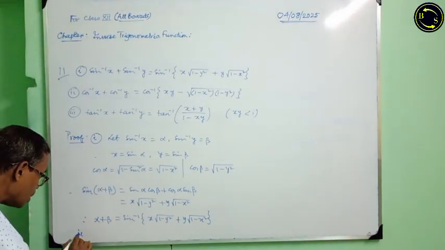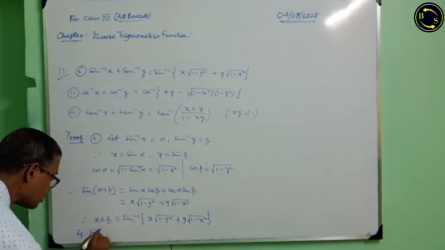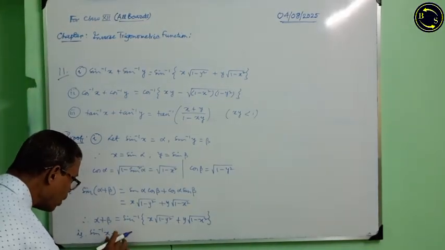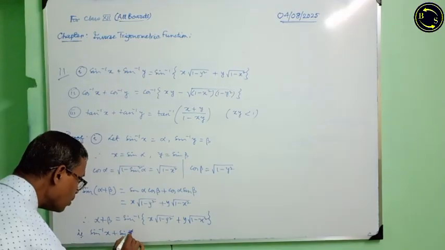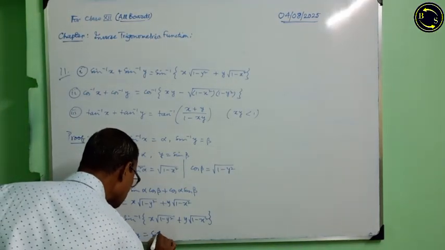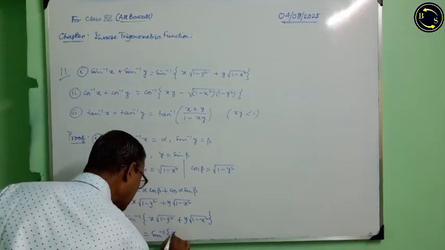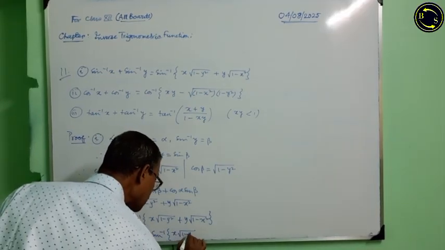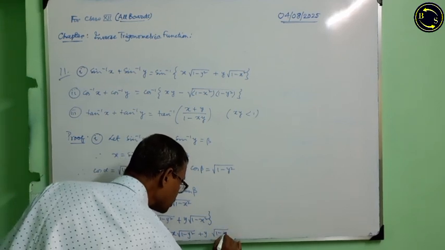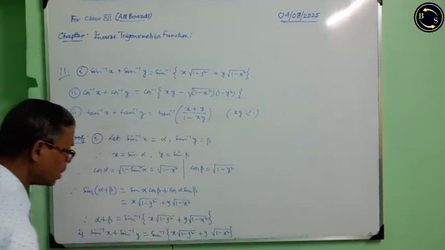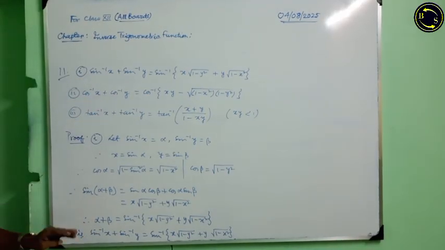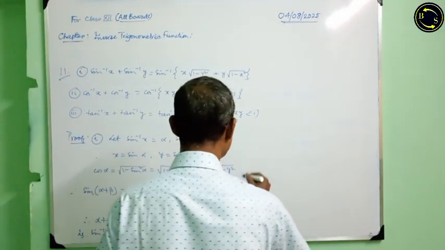That means sine inverse x plus sine inverse y is equal to sine inverse of x root over 1 minus y square plus y into root over 1 minus x square. I have proved the first one, and here I take one corollary.